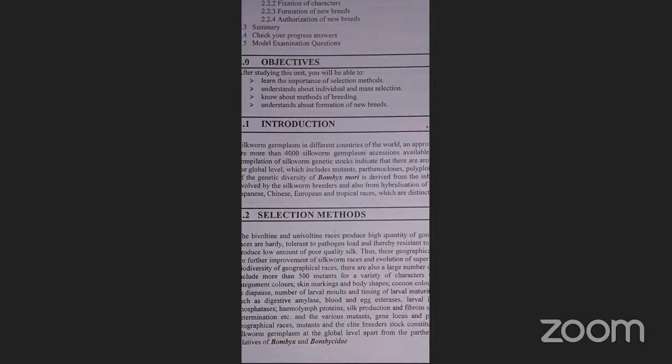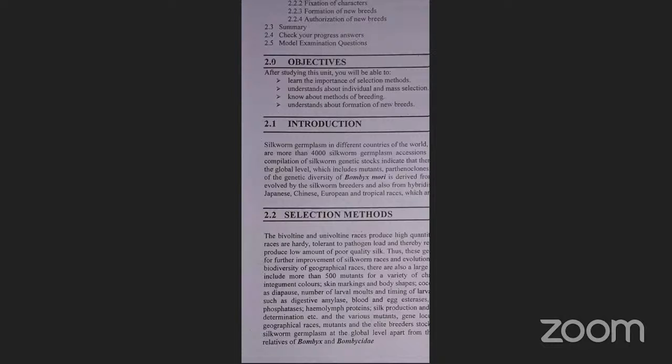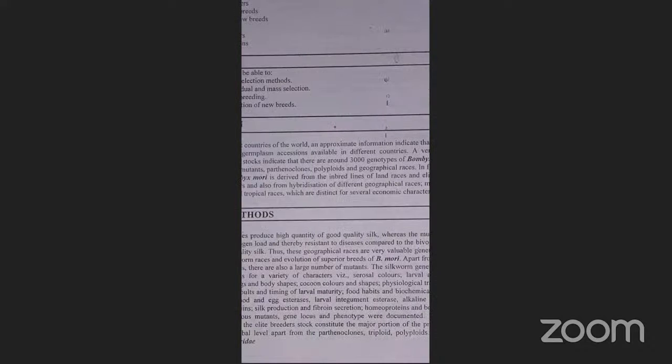The multivoltine races are tolerant to pathogen load and hence resistant to disease, compared to the bivoltine, but they produce a low amount of poor quality silk.